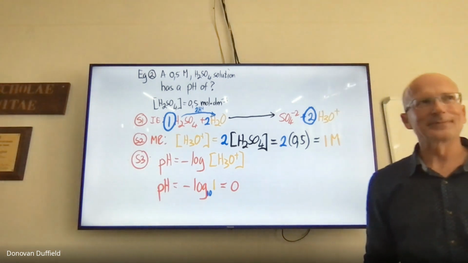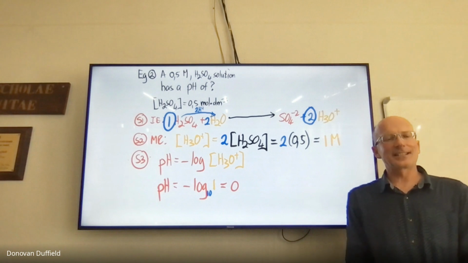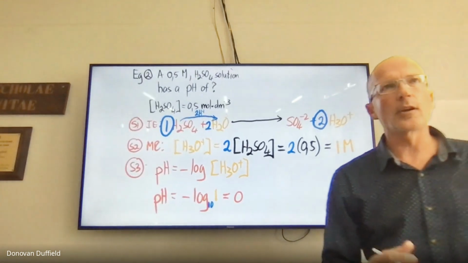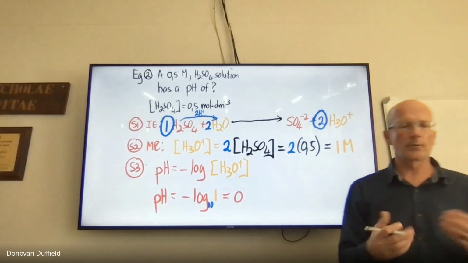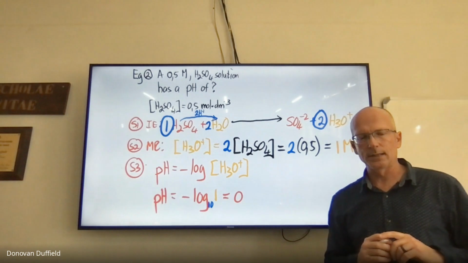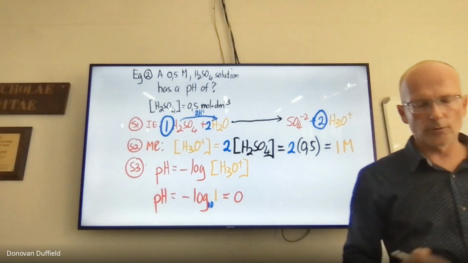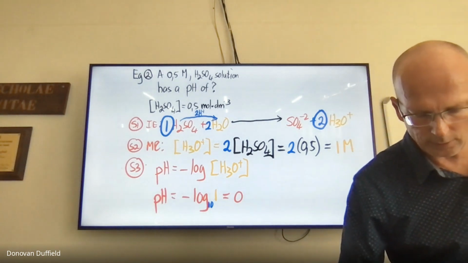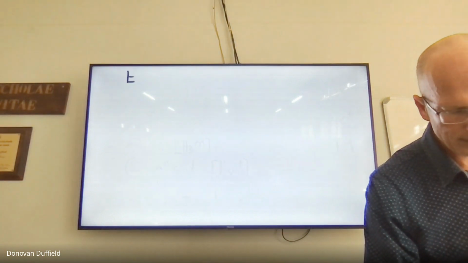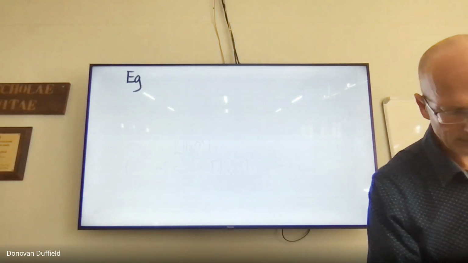Okay, now, ladies and gentlemen, I am going to give you guys some exercise, some practice. But what I want to do is something that is going to seem strange. This is example 3.